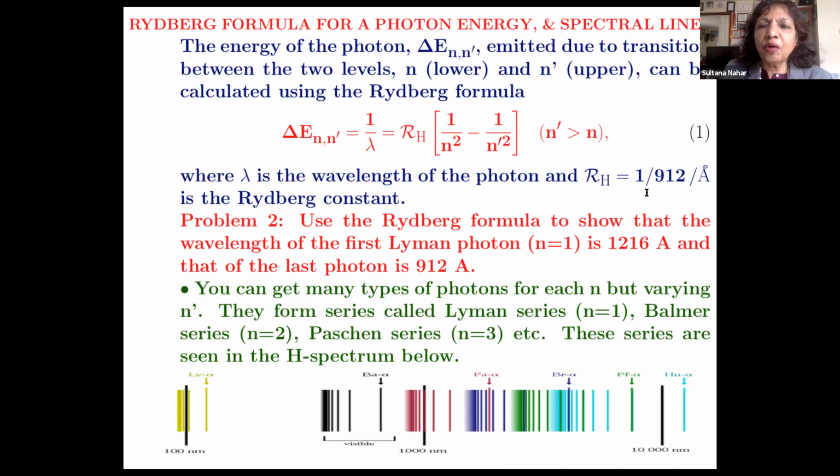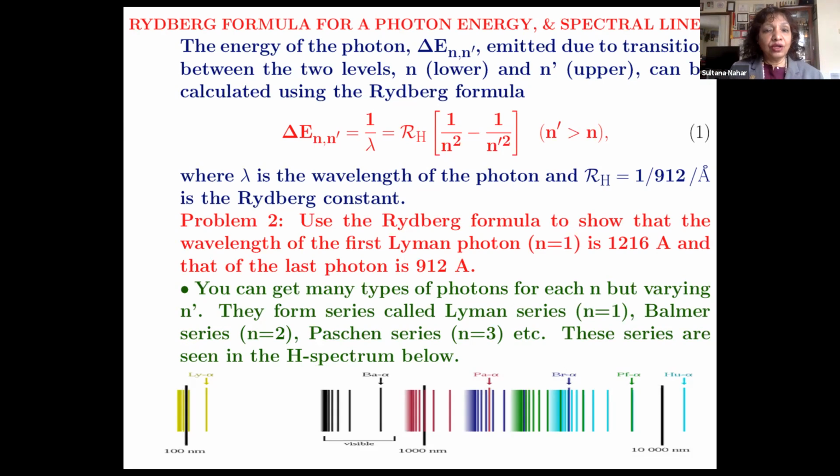So using this formula, you are supposed to show that the wavelength of the first Lyman photon, where the lower level is always n equals 1, is 1216 angstrom. And that of the last photon, coming from the infinite level, so n prime can be infinity, will be 912 angstrom. So this is your second problem.